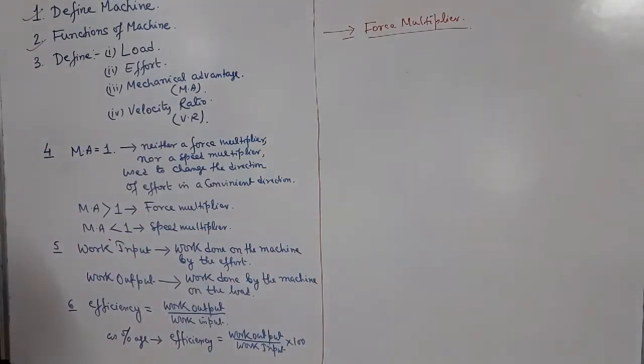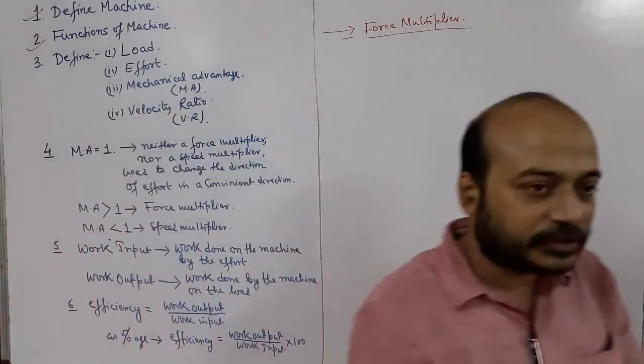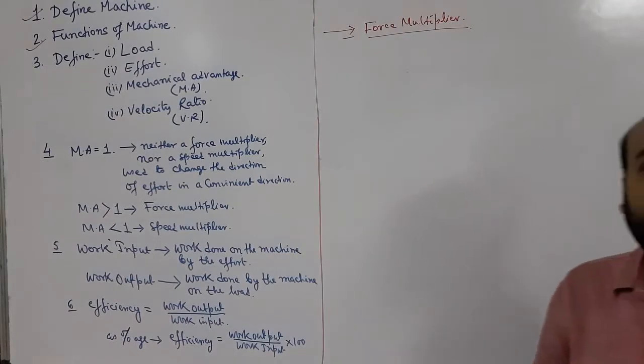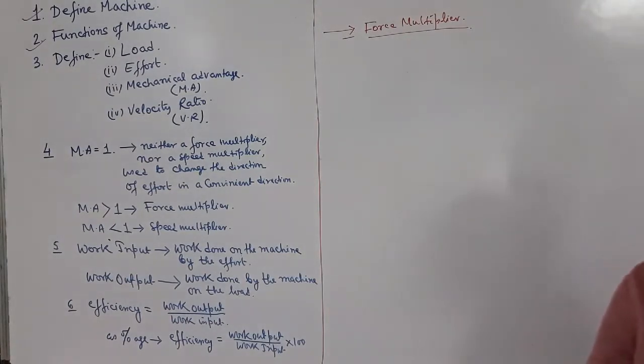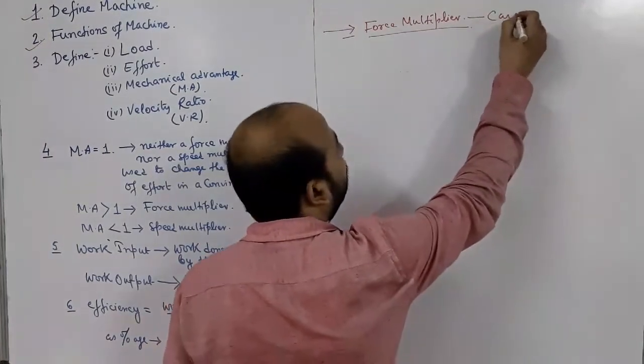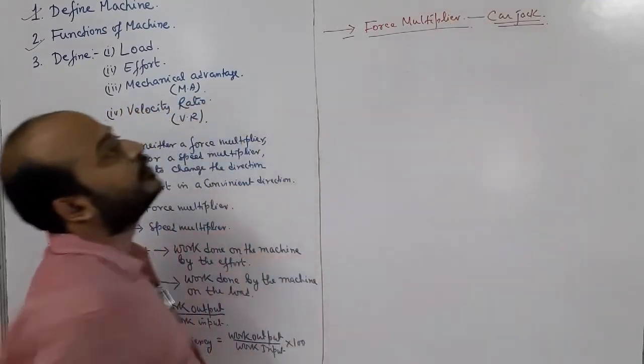So you can say it is acting as a force multiplier. Otherwise, if the person does not use that jack, he cannot single-handedly lift the car. So therefore, we can say that a car jack is a type of machine which is acting as a force multiplier.